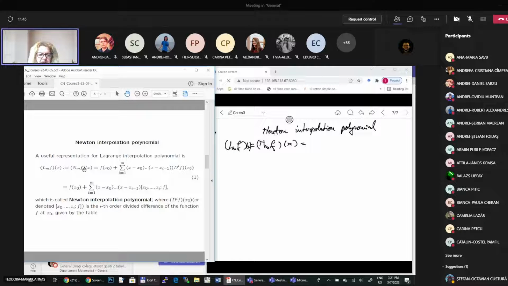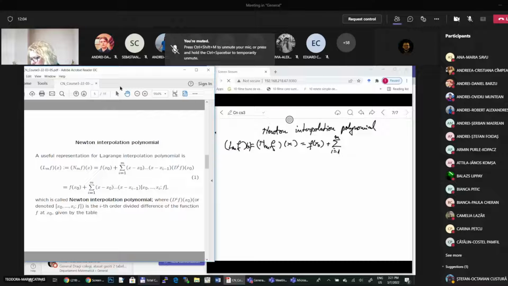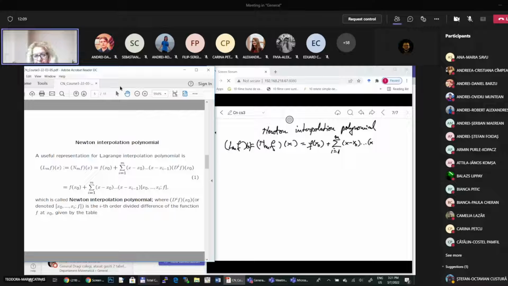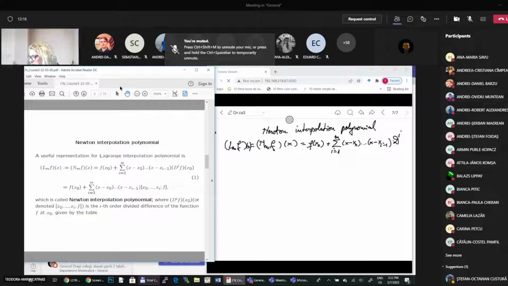So L_m f equal to N_m f is given by f of x0 plus the sum for i from 1 to m of (x minus x0) up to (x minus x_{i-1}) multiplied with the divided difference of ith order at the point x0.